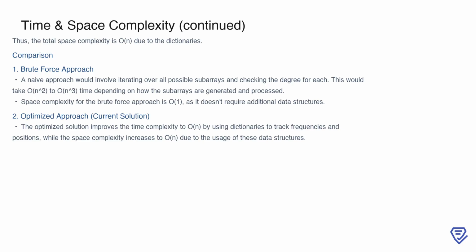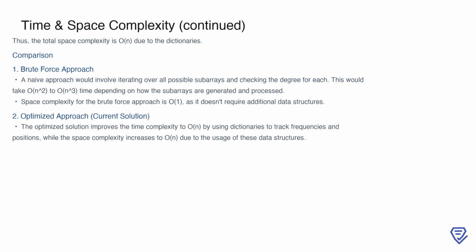To better understand the efficiency of this approach, let's compare it with a brute force method. A naive solution would involve iterating over all possible subarrays to check their degree, which would require time complexity ranging from O(n²) to O(n³), depending on how the subarrays are generated and processed. The brute force method does not use additional data structures, so its space complexity is O(1).